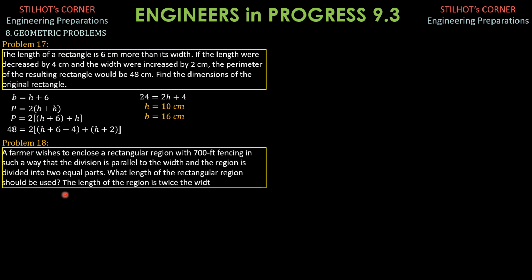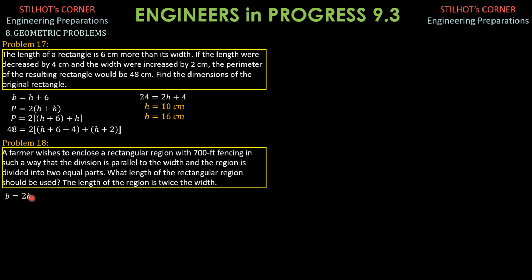What length of the rectangular region should be used? So if you imagine this is the rectangular region, the division is parallel to the width. So there will be H plus the division H plus H, 3H, and only 2B. So 2B plus 3H equals 700 feet.